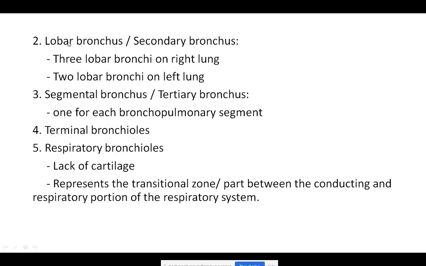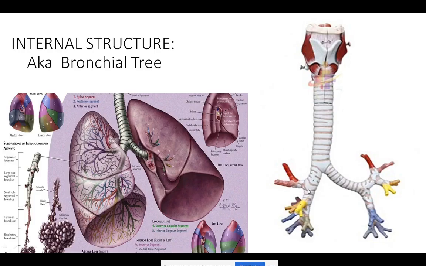Then the lobar bronchus. The trachea divides into a primary bronchus, then a primary bronchus divides into a secondary bronchus, also known as a lobar bronchus. Subsequently it divides into the tertiary bronchus, also known as a segmental bronchus.